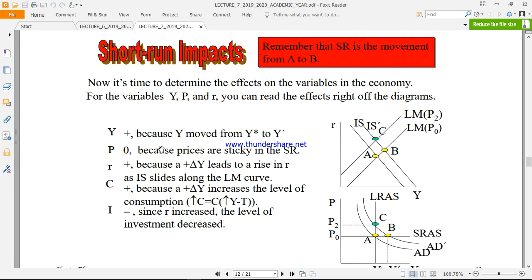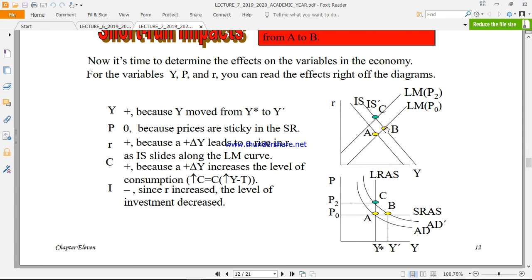Output moved from Y star to Y prime. Y star in this case is more like the natural level of output. Because of the increase in government expenditure, we expect aggregate demand to shift from A to B. So obviously we expect output to increase.